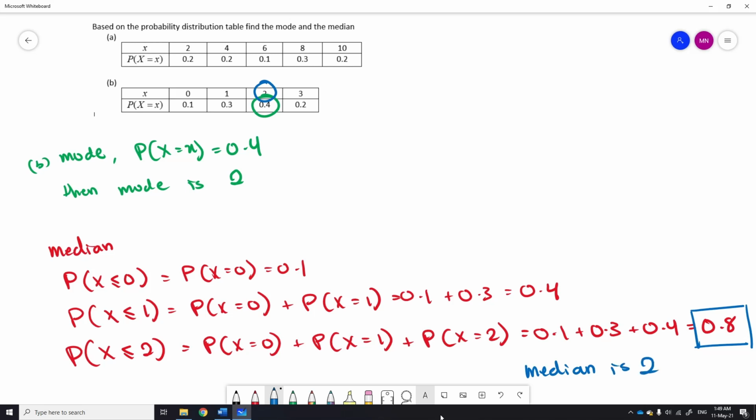If the number is exactly 0.5, then we need to add up 2 with the next value of x, that is 3. So 2 plus 3, divided by 2. If the cumulative probability is higher than 0.5, we can just take the value directly.